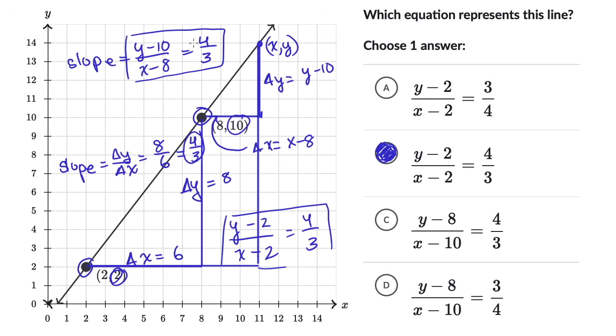So if I multiply both sides of this equation by x minus 8, I get y minus 10 is equal to 4 over 3 times x minus 8. And then I could add 10 to both sides.